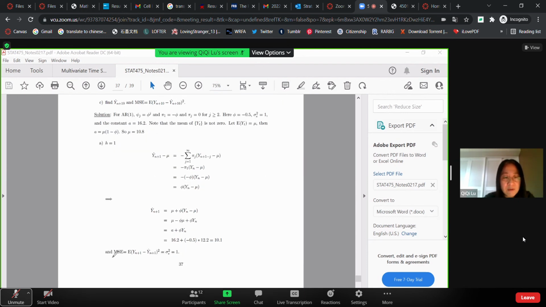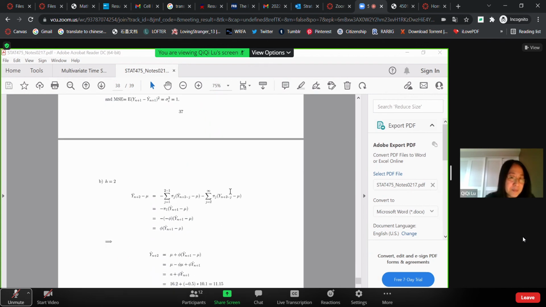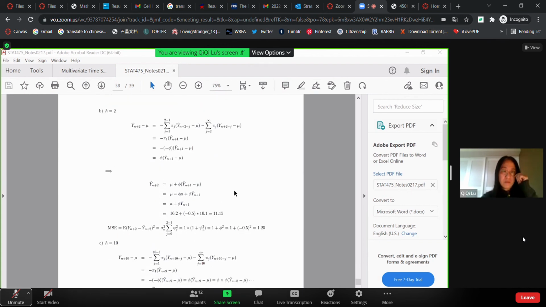The mean square error. So for 1 step ahead, that's sigma e squared. So in this case, that's 1. And 2 step ahead, so this is the formula right here. So h equals 2, so h minus 1 is 2 minus 1. The sum goes from h to infinity, right?